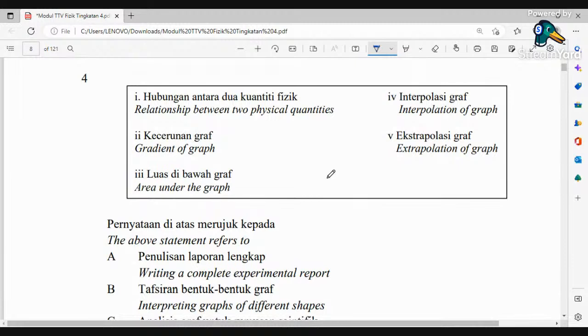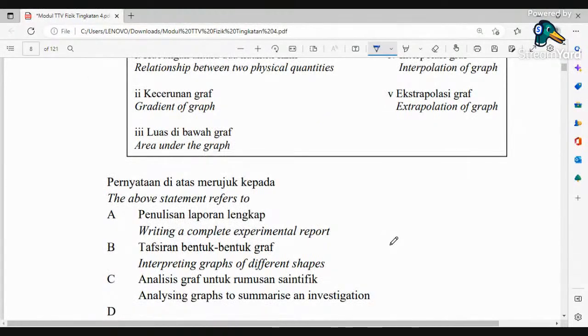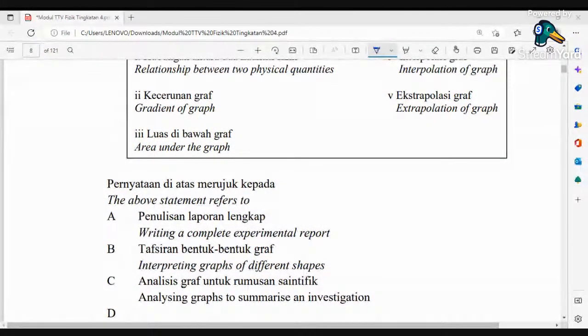Okay, you have done the experiment, you have recorded all the data, you have plotted the graph. Now based on the graph, you want to find the relationship, you want to find the gradient, area under the graph, interpolation, extrapolation. So what is the answer for this one, number 4? Apa answer dia? Okay, can you give the answer for this one?